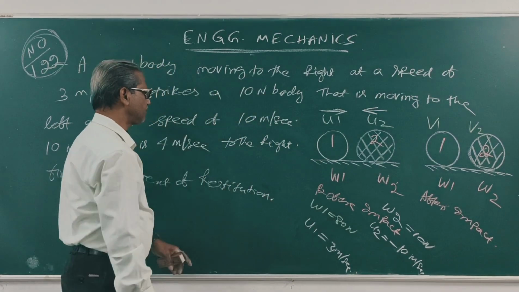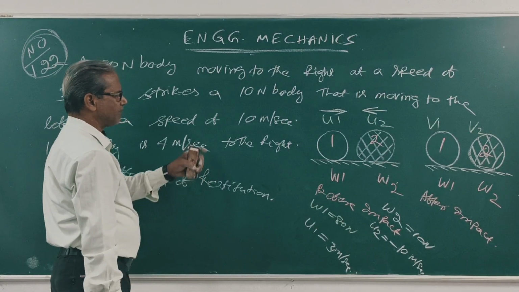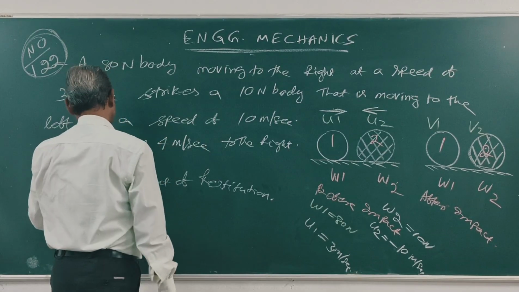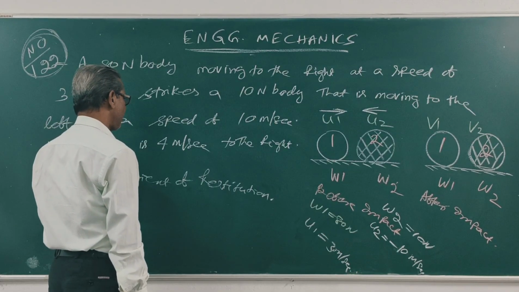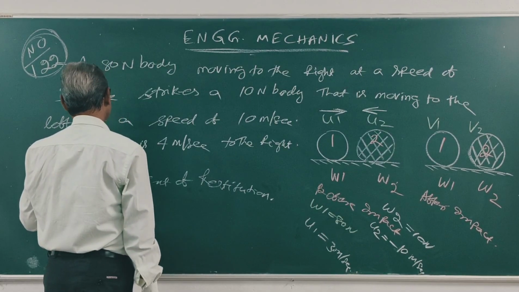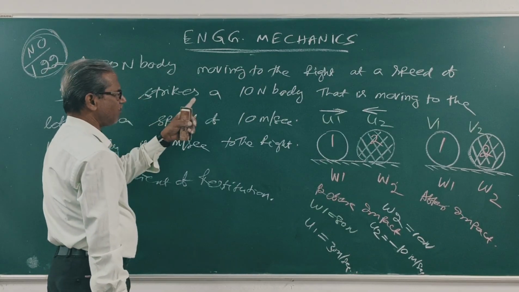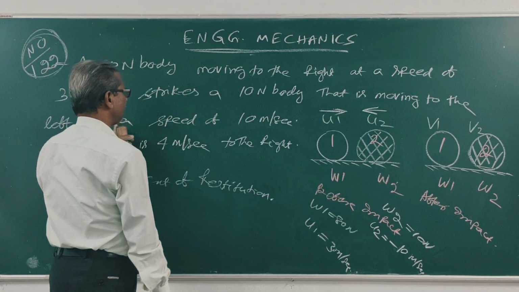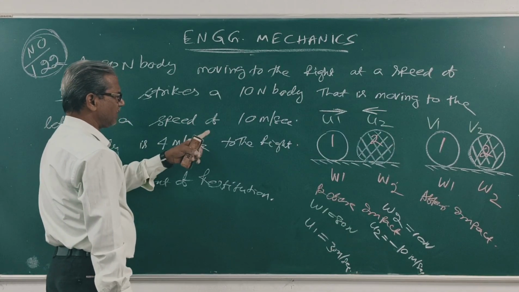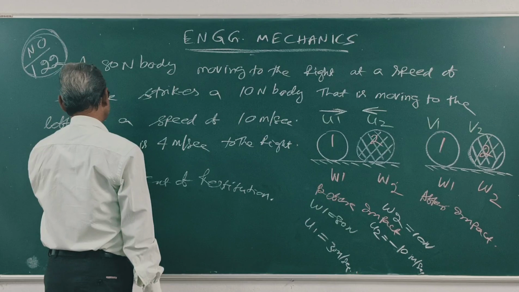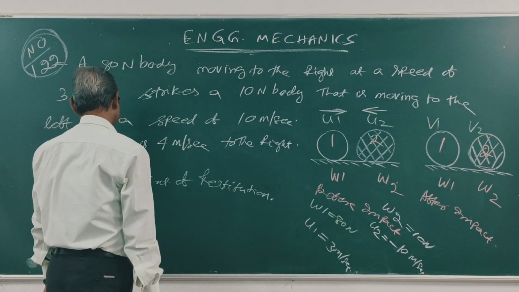Now, that is moving to the left at a speed of 10 meter per second. Clear? The 8 Newton body moving to the right at a speed of 3 meter per second strikes a 10 Newton body moving to the left at the speed of 10 meter per second. Clear?